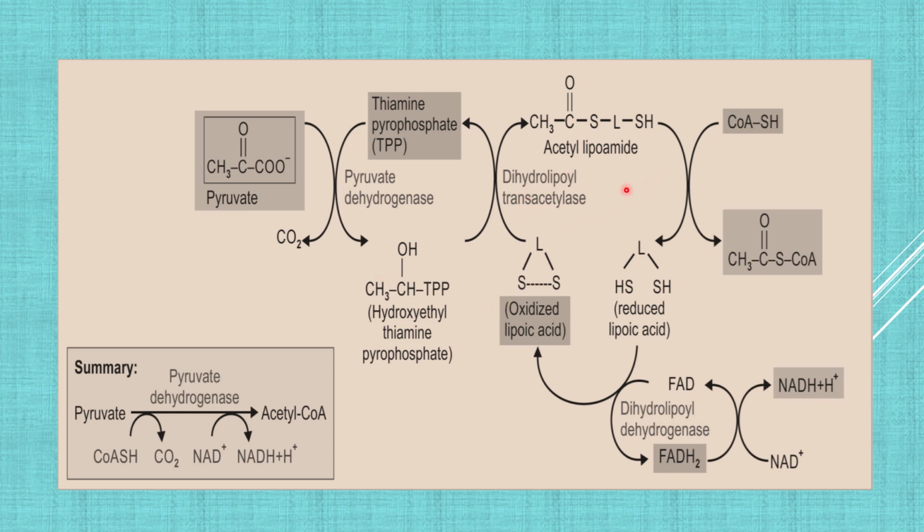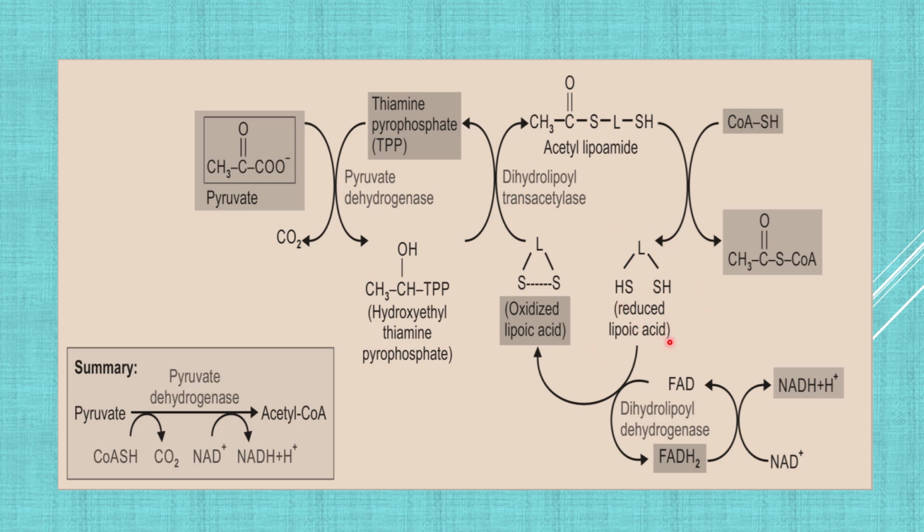Then acetyl lipoamide, in the next step, is converted into reduced lipoic acid, and acetyl coenzyme A is released here. This step is very important, because along with coenzyme A, acetyl lipoamide is converted into acetyl coenzyme A, and the reduced form of lipoic acid is detached.